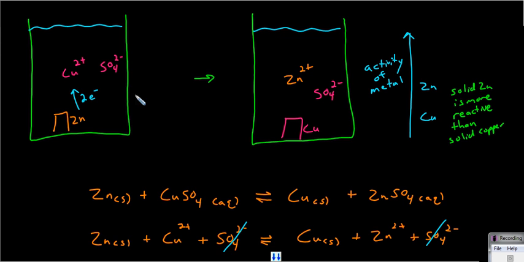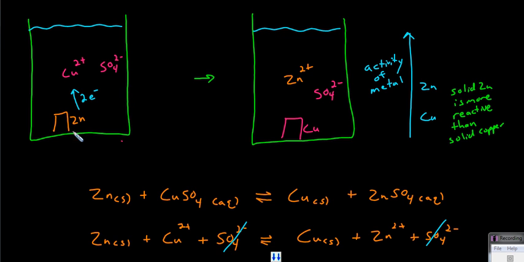We've seen previously that if we were to put some solid zinc into a solution of copper 2 sulfate, there would be a reaction, a redox reaction, in which zinc gives 2 electrons to that copper ion, and so the copper ion soon becomes metallic. It ends up having no charge.